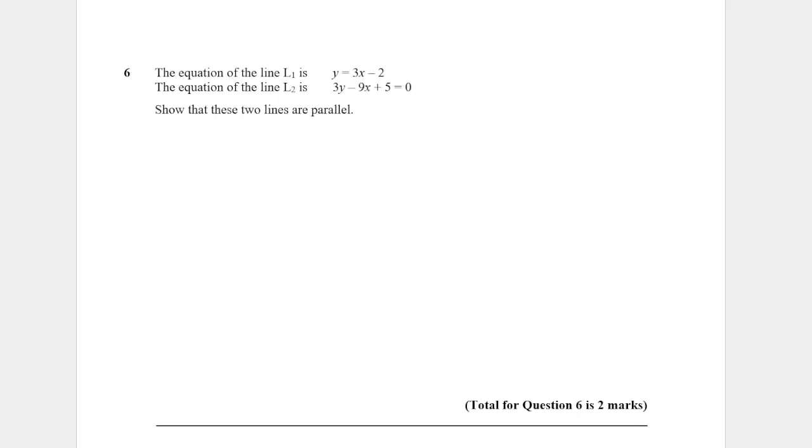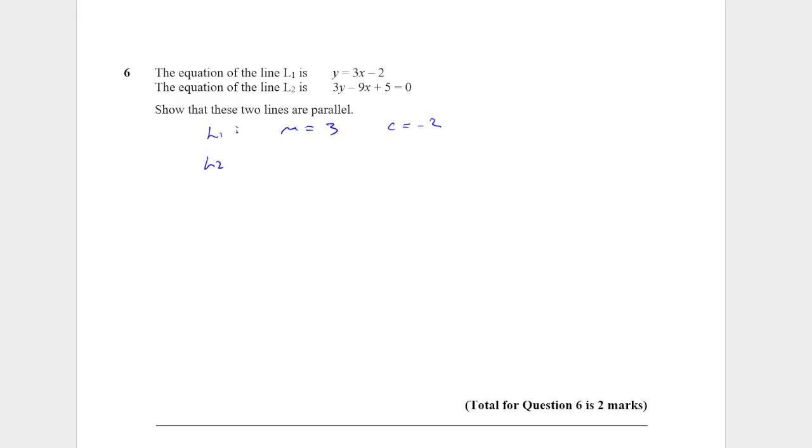Okay, equation of L1 is y is equal to 3x minus 2. Equation of L2 is 3y minus 9x plus 5 is equal to 0. Show that these two lines are parallel. So line 1 has a gradient of 3 because it's already in the format y is equal to mx plus c, and an intercept of minus 2.